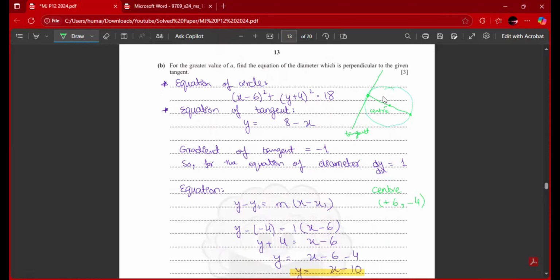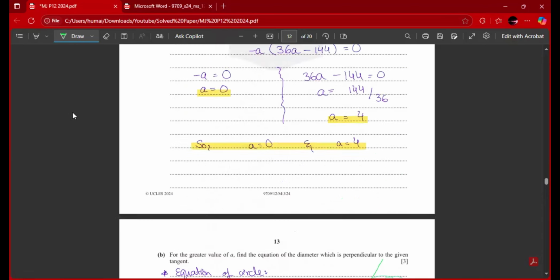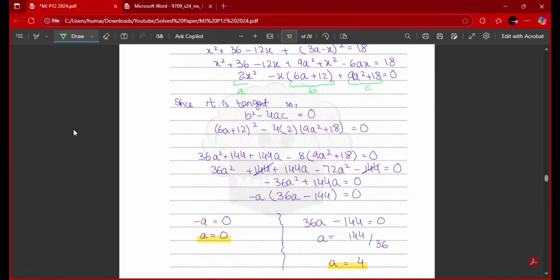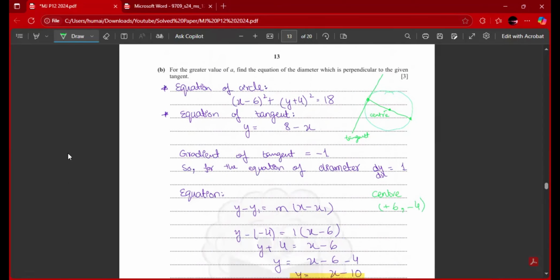So we have the equation of the circle. This is the greater value of a. We have a as plus 4. We just substitute it here. So if I substitute here, the center is 6, comma, minus 4.